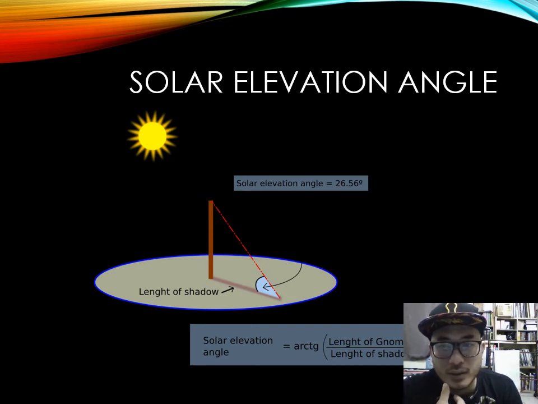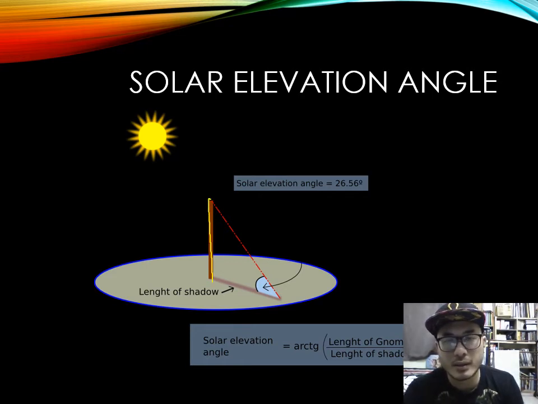So this is an example of the sun elevation angle. The stick here is also known as the length of the gnomon. And then what we need to know is the length of the shadow.